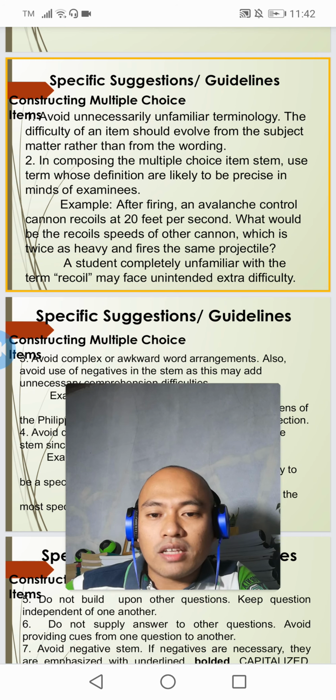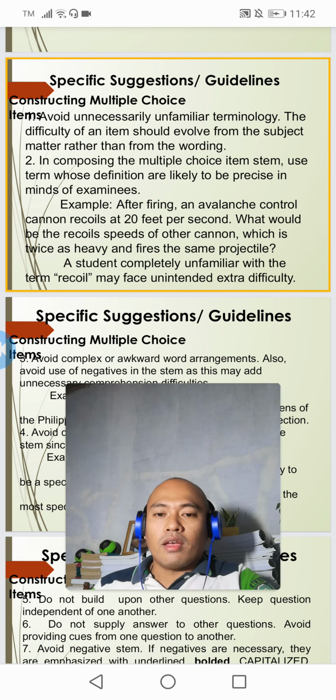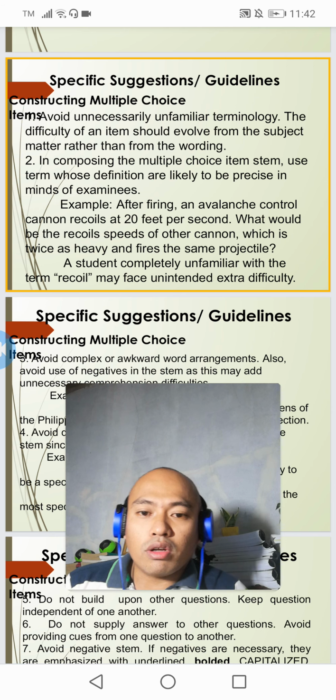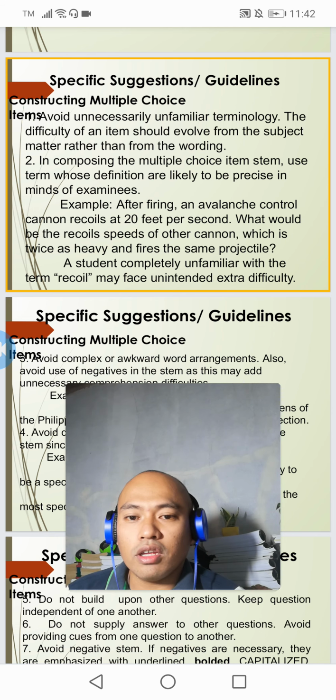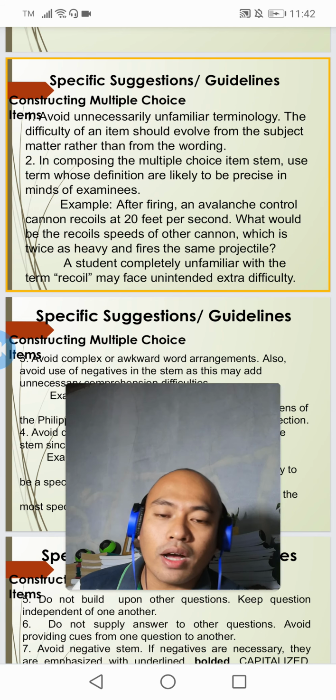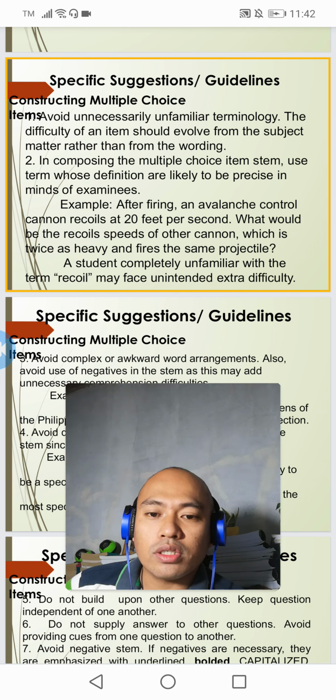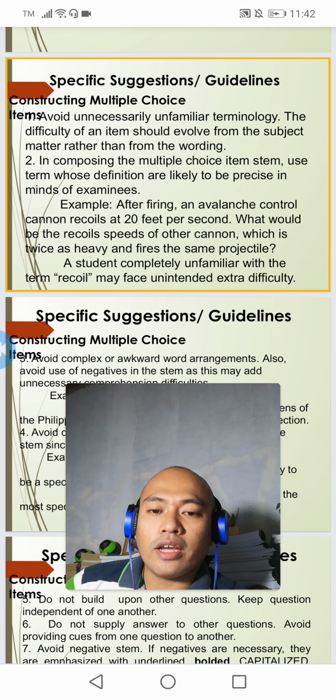This may lessen the reliability of the instrument, and it may lead to a very difficult type of item, which is not the ideal item that we need to have in classroom testing.